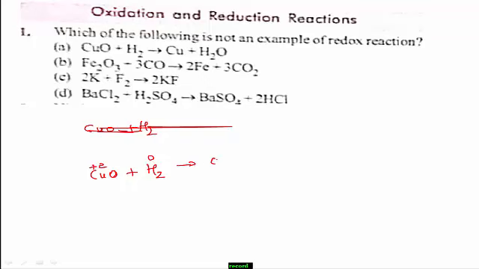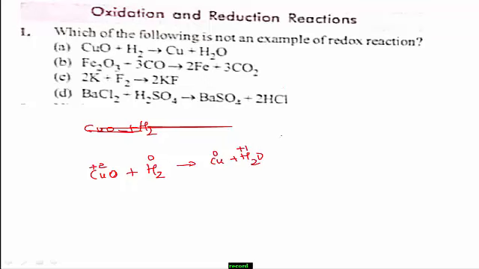Then it gives Cu in the elemental form with oxidation state 0, and in H2O the hydrogen oxidation state is +1. When we observe this reaction, oxidation of H and reduction of copper takes place, right?